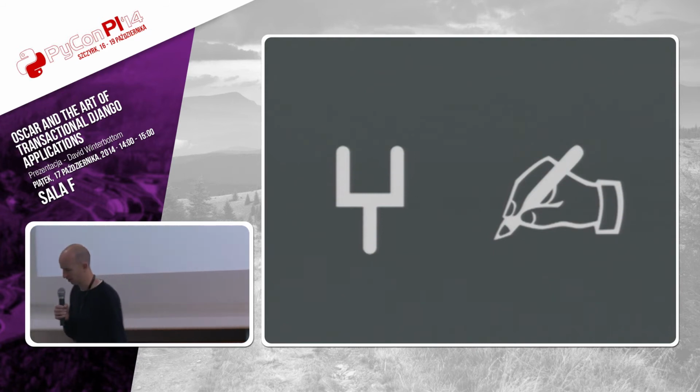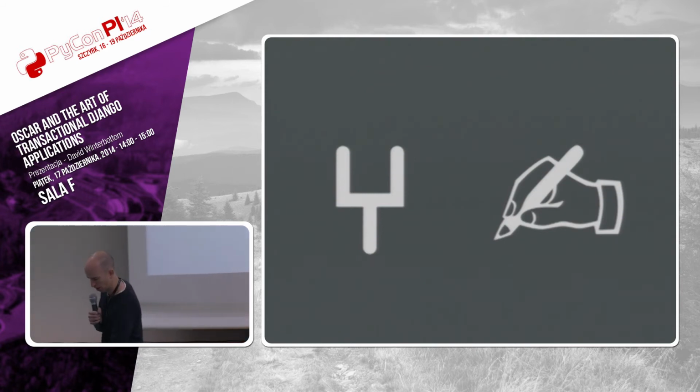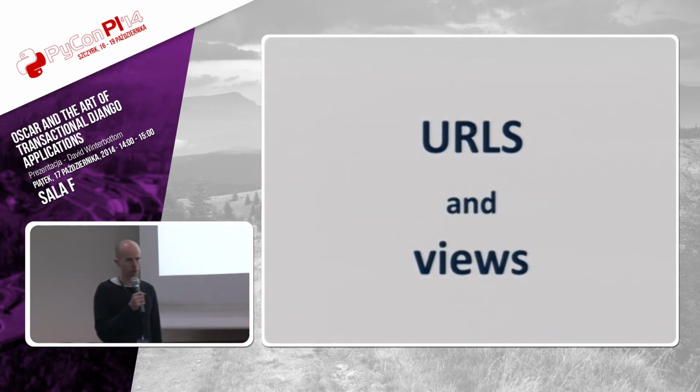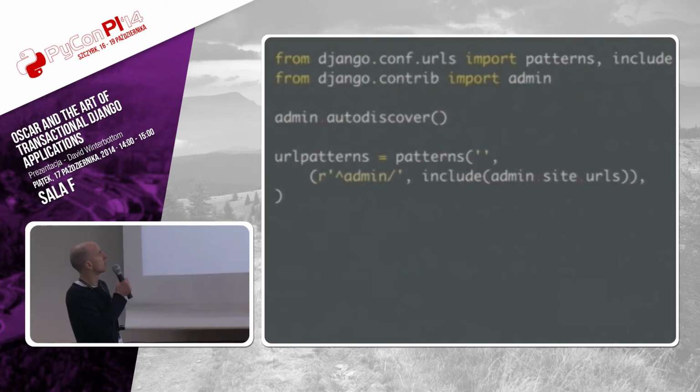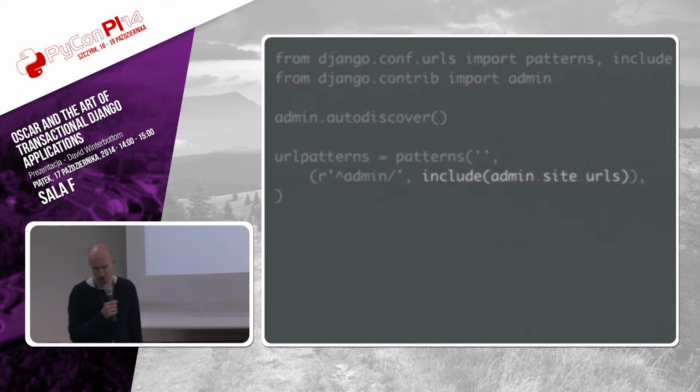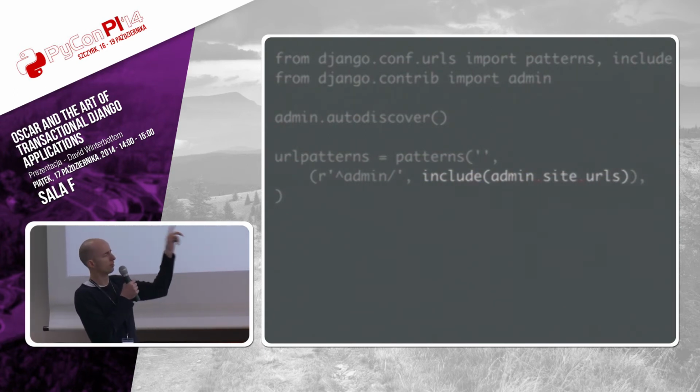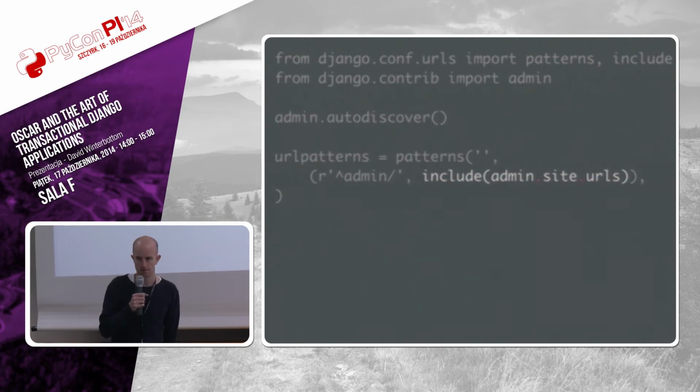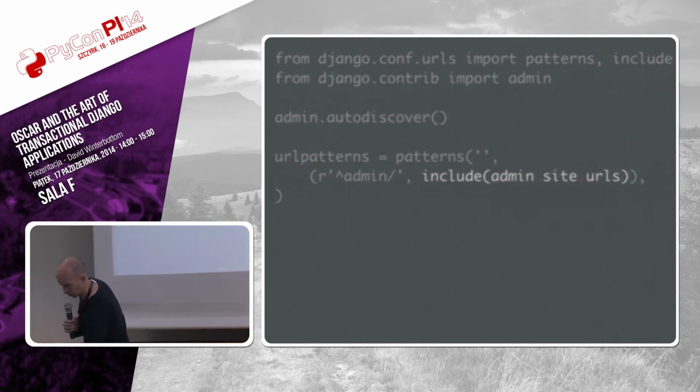Okay, so that's classes and models. URLs and views are quite interesting as well. If you look in Django, the recommended way from the docs to include the admin suite is like this, where you include admin.site.urls, and it's slightly different to how you normally do it. You don't normally include the property of an object, but that works well, and that's actually the way that Oscar tries to do things as well.